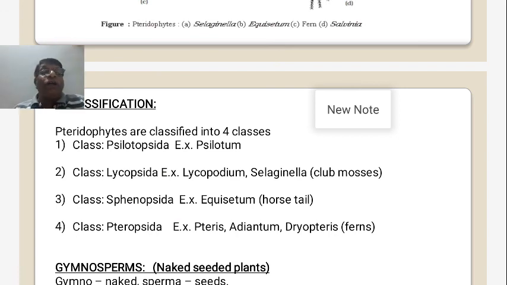It includes club mosses, Lycopodium and Selaginella, both together called club mosses.